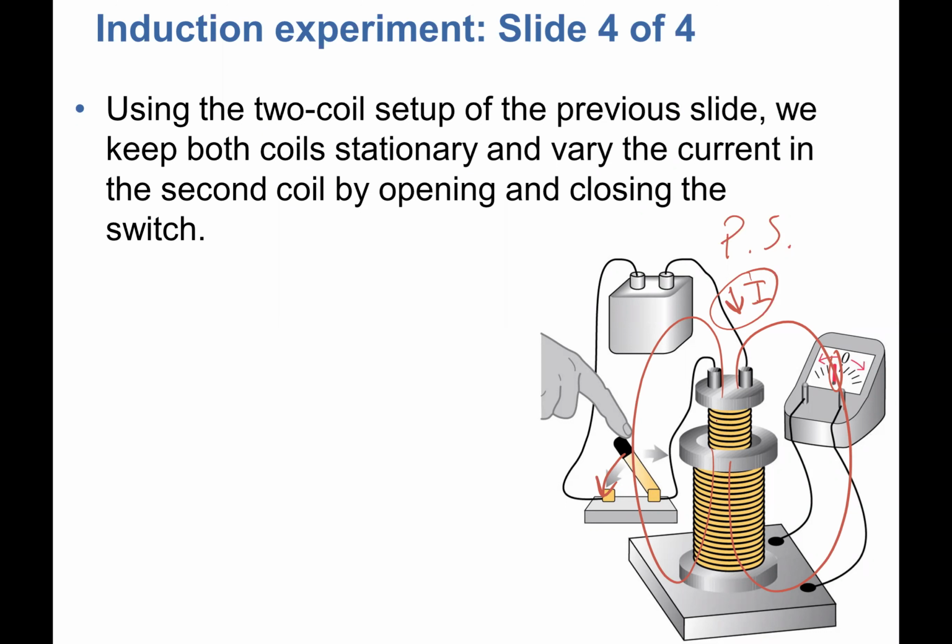For us, it might seem instantaneous, but for the circuits, it's quite enough time to detect some induced current. That means at the instant when you close the switch, there's a current induced in the primary coil, because you go from no magnetic field to some magnetic field.